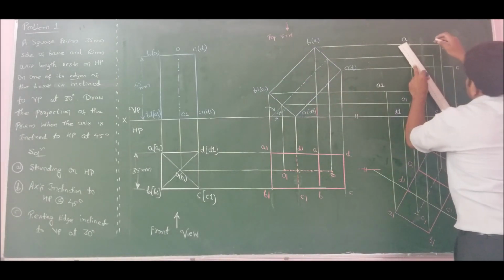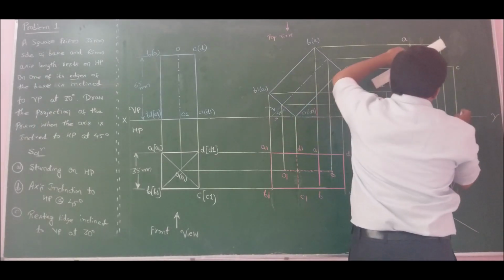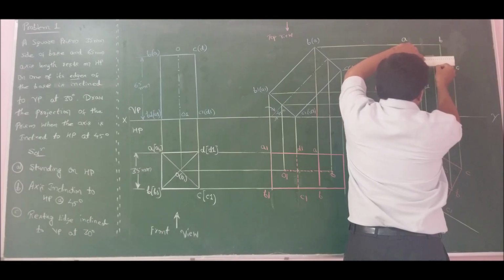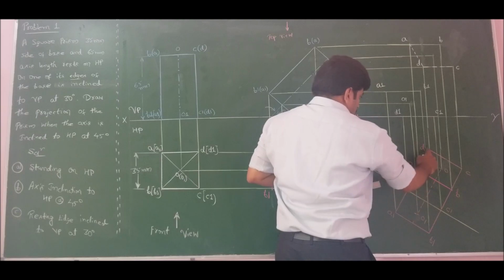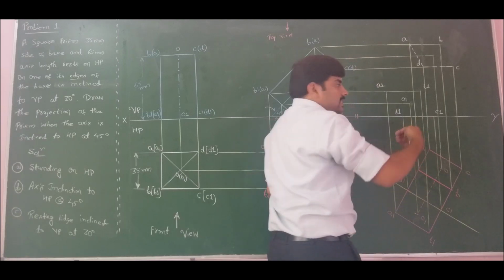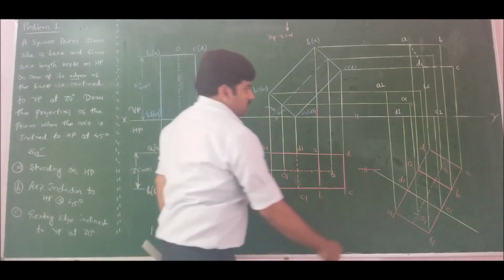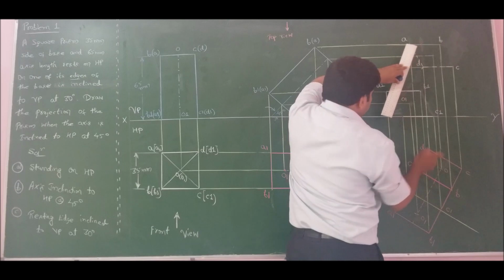So draw the line DA and D to C, and also D to D1, that is the longer edge joining D to D1.